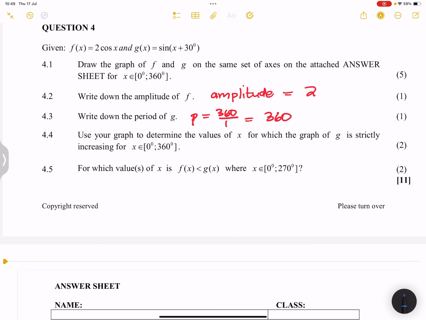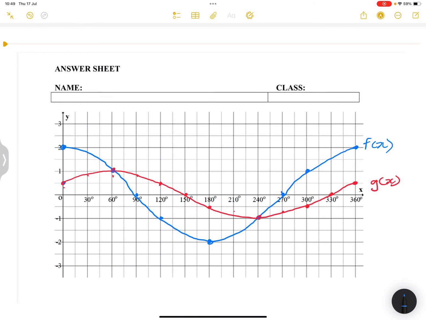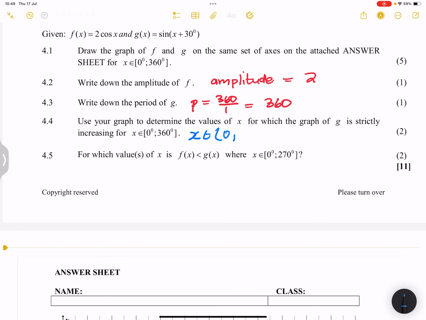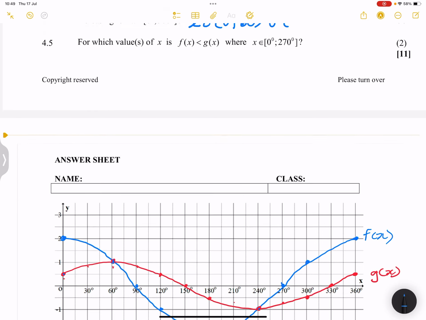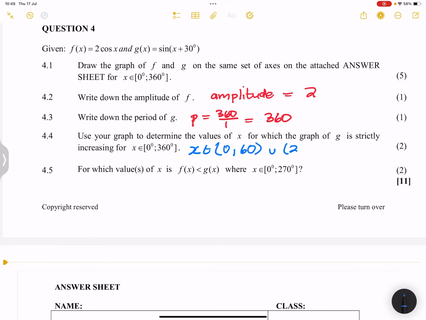So we'll say x is an element of 0 to 60, where the graph is going up, but also from 240 to 360. So the graph is increasing over there.